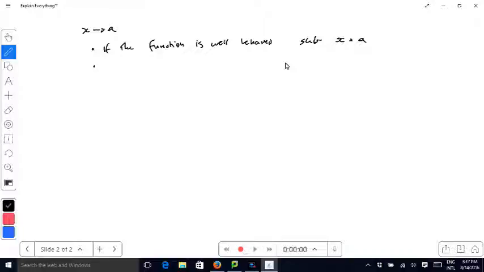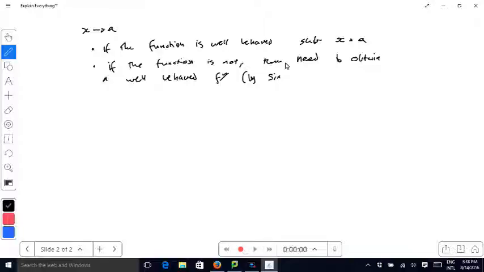If it's not, then we need to obtain a well-behaved function by simplifying and cancelling.